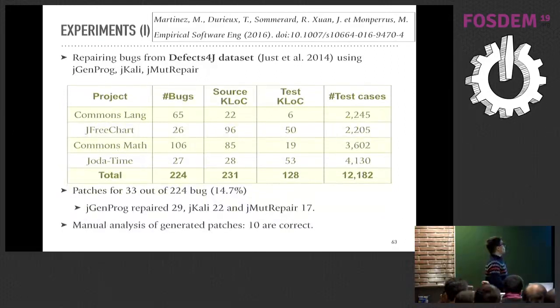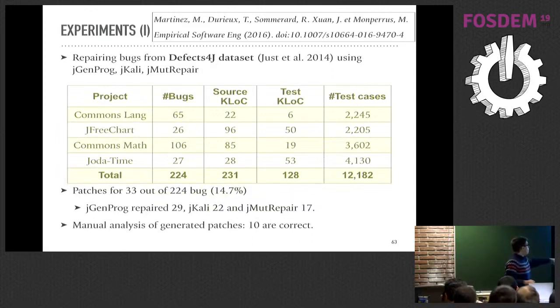For instance, for Commons Lang, the dataset has 65 bugs, and on average they have 2,000 test cases. That means that these are large applications. And here our approach, for instance in this experiment, repaired 33 bugs out of 224. That means 14%.